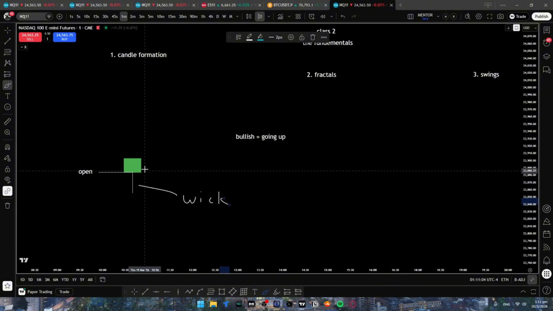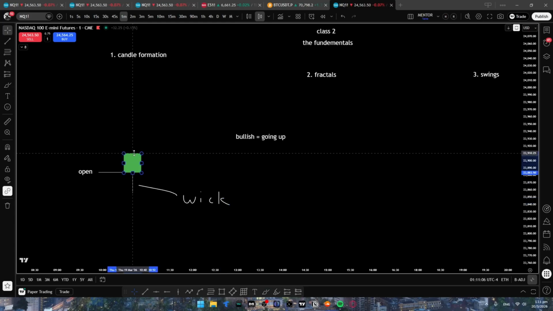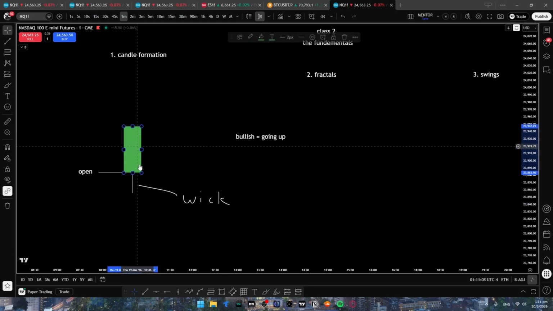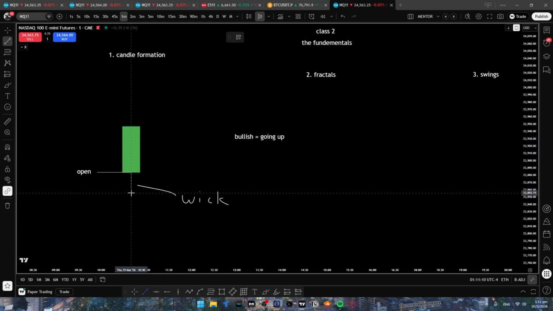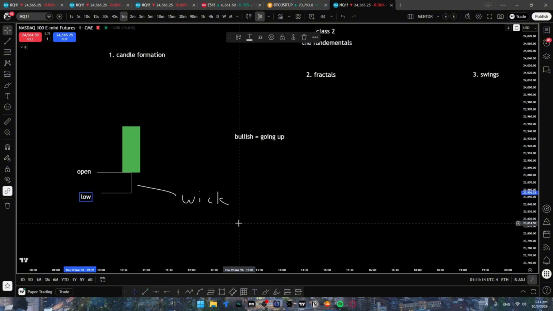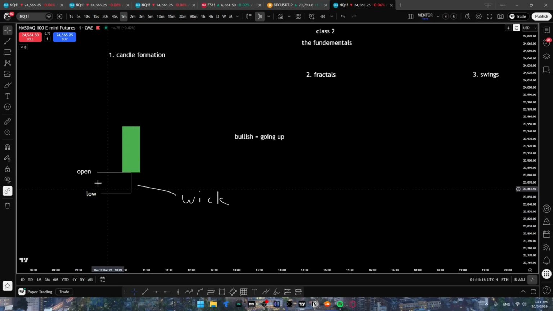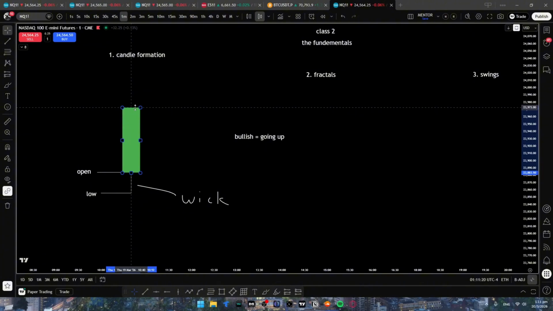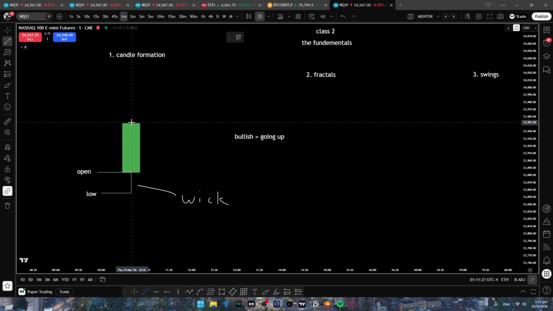Okay. And then it starts printing up. Oh, this is what you call the low. That's the low. Right. And it goes up. And whoop, goes down a little. And now it closes. So what happens? Same thing here.